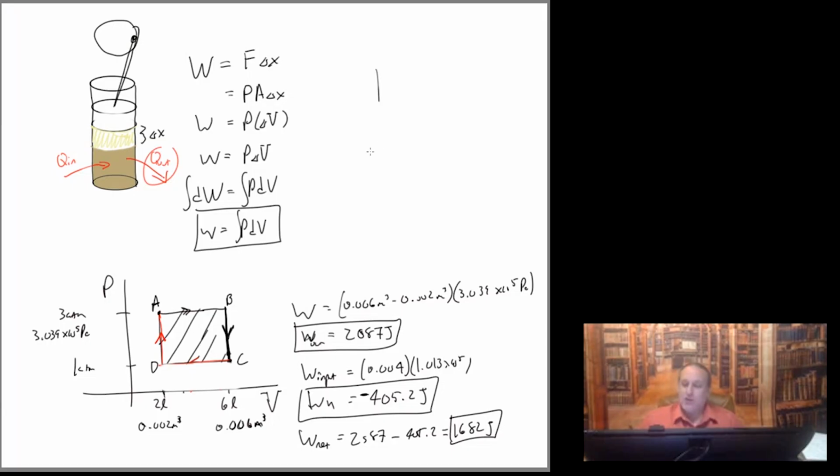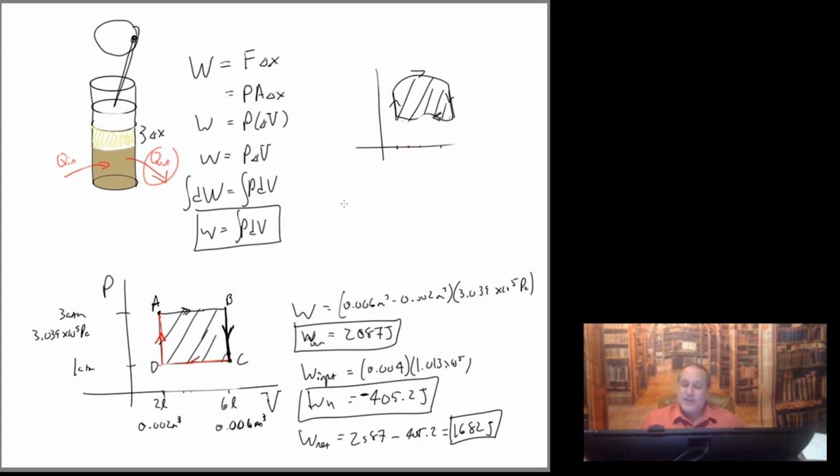Suppose I have a cycle that does something like this. When I compute the work, I'm going to get some positive work when it's moving to the right, and some negative work when it's moving to the left, and the positive work and negative work partially cancel, leaving only the area inside this closed loop.